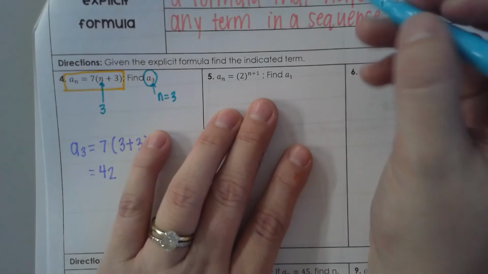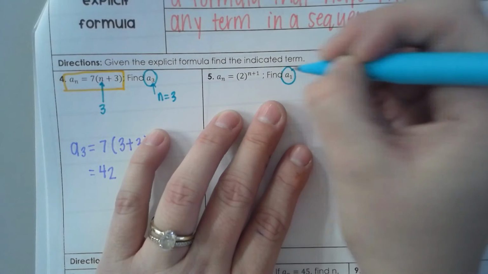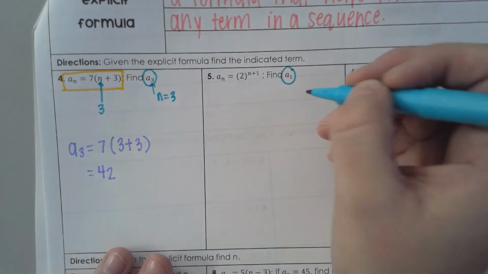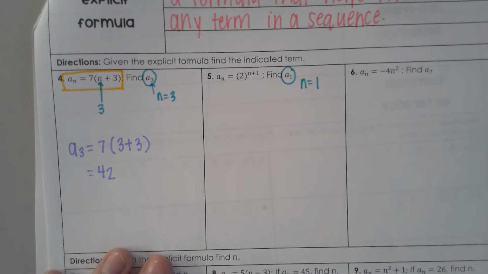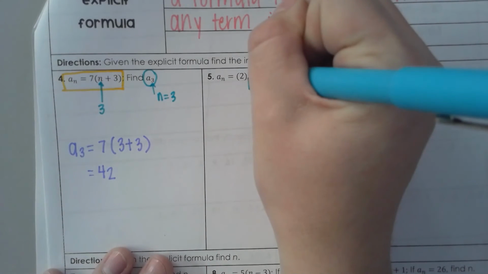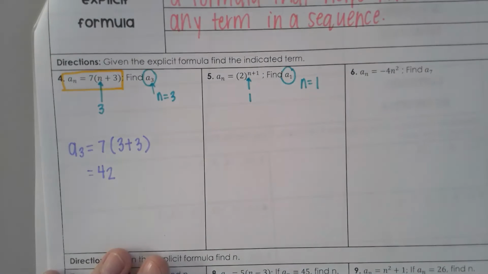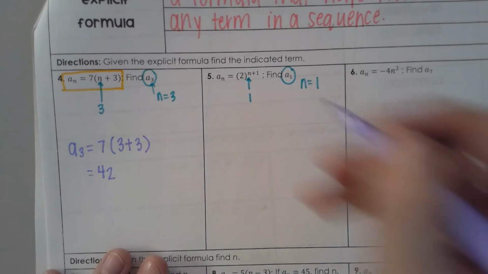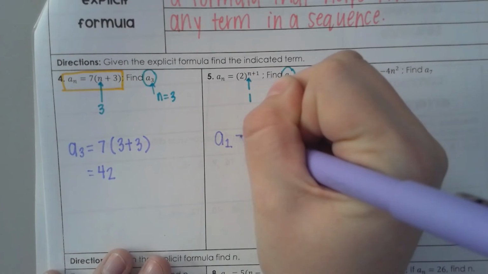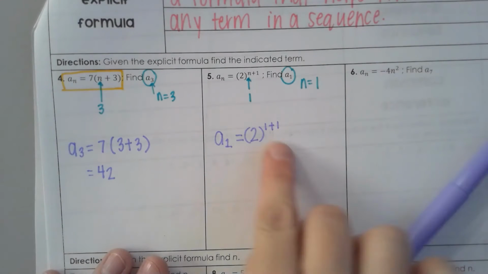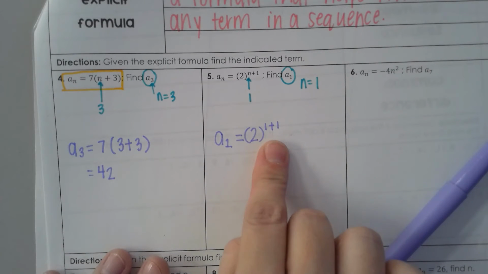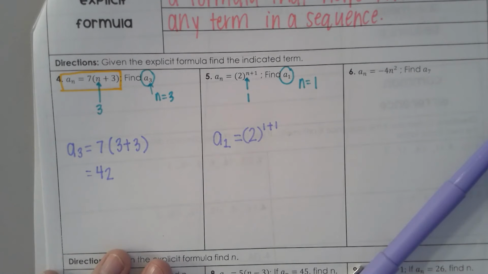Alright, so number 5, it's asking me to find A1. So my n is what? 1. So I'm looking for the first term. So I'm going to plug in 1 for the n. Where is that n plus 1 located? It's up here at the top.